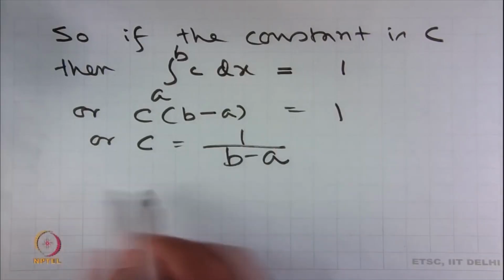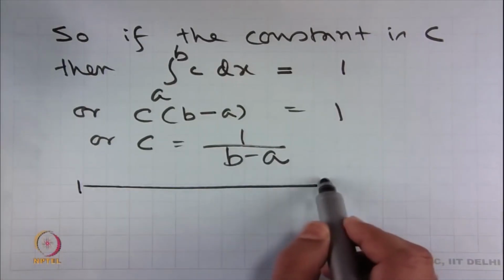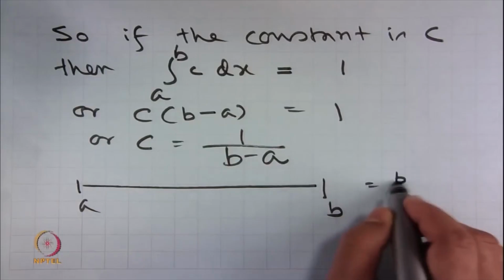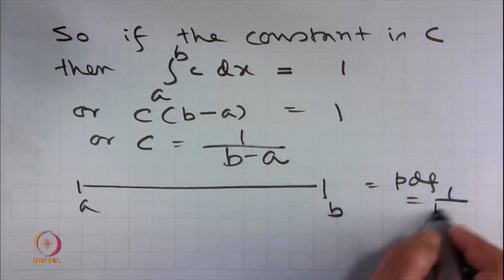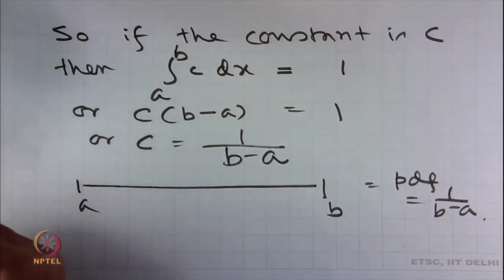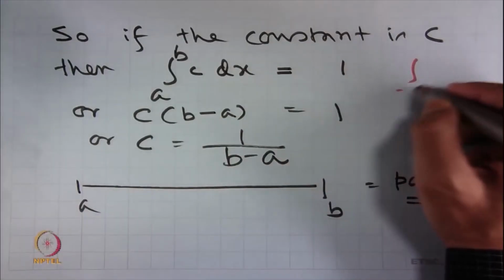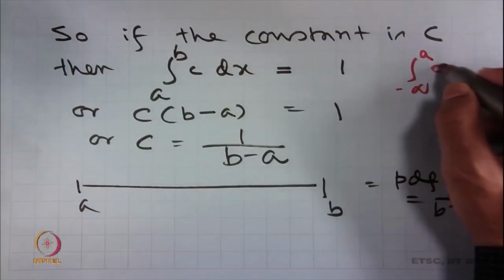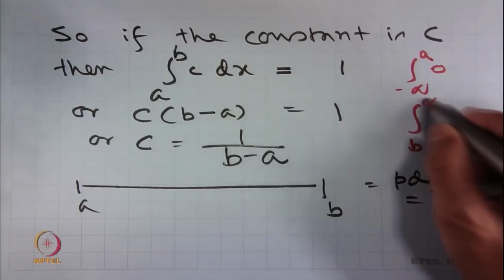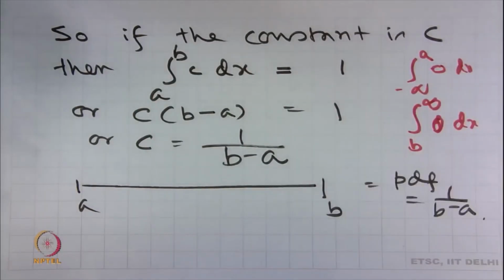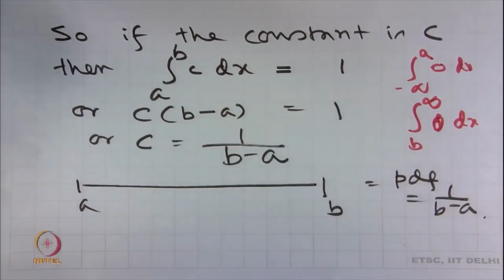Therefore, a uniform distribution on an interval a to b will have a constant density function equal to 1 upon b minus a. You may be wondering why I am integrating only from a to b, why not from minus infinity to infinity? That is because minus infinity to a, in this region f x is 0 and also b to infinity in this region f x is 0. Therefore, when we integrate them, they do not contribute to the overall integration.